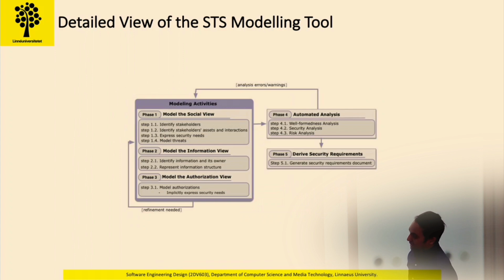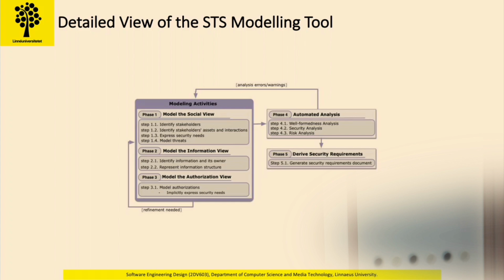So this is the detailed view of the STS modeling approach. It has multiple phases. In the first phase, you identify the stakeholders, which are agents or roles, and then you also identify the assets.